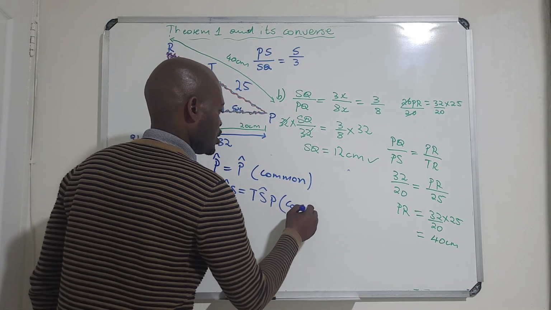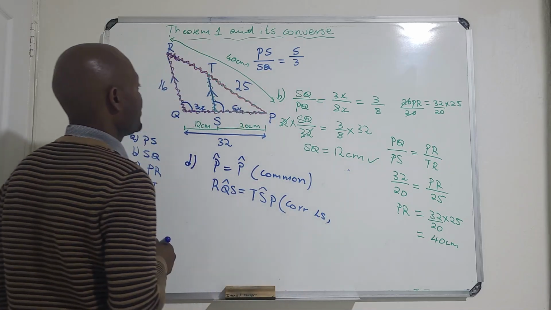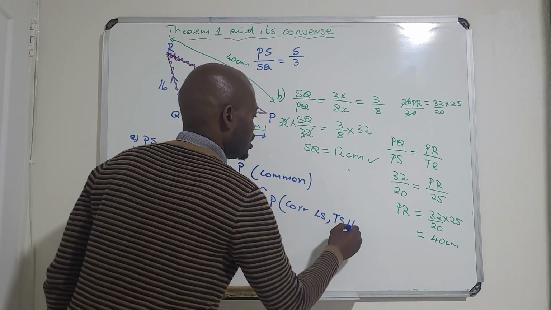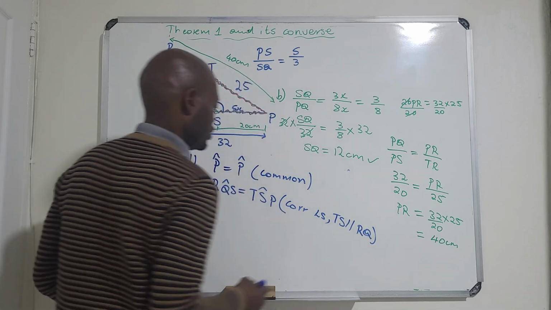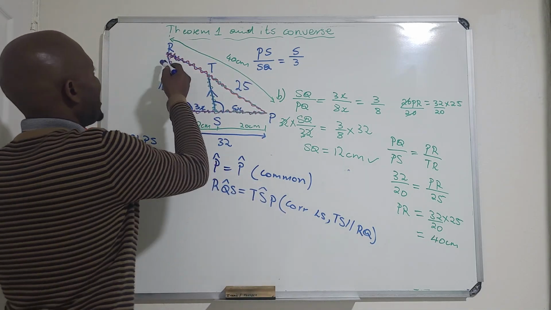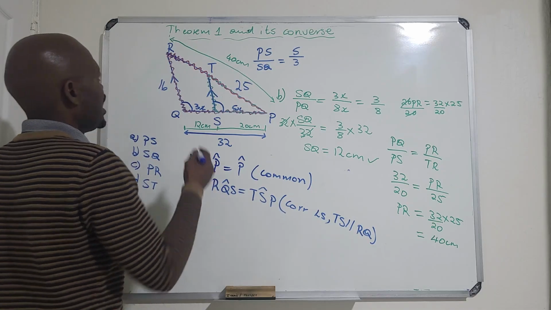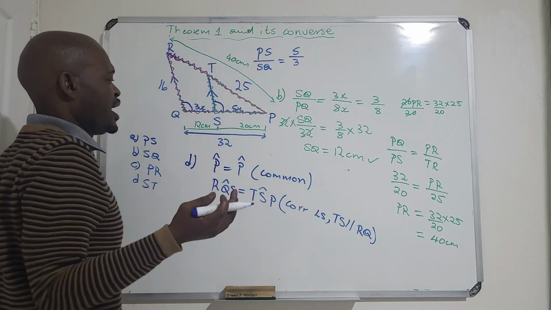Corresponding angles. Why are they corresponding? It is because TS is parallel to RQ. Obviously, the last angle, angle RTQ and angle STP, this angle is equals to that angle.